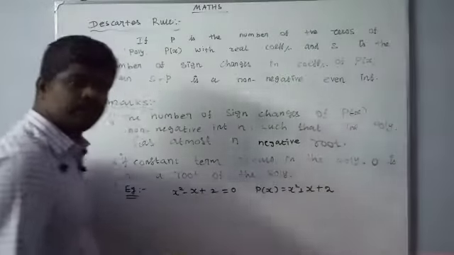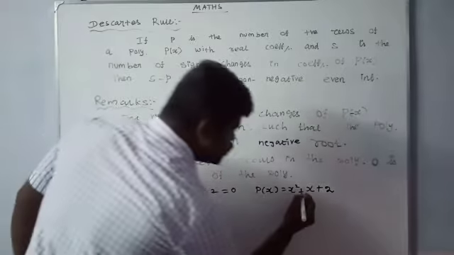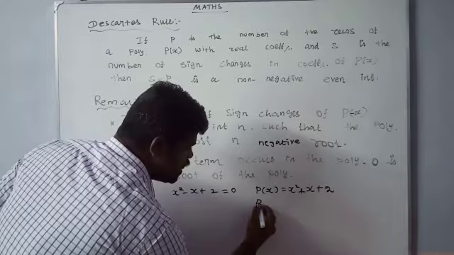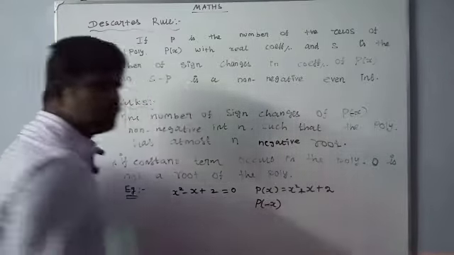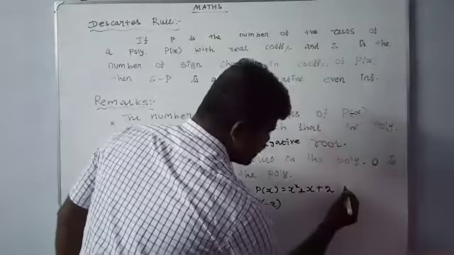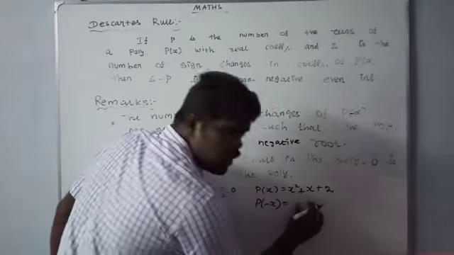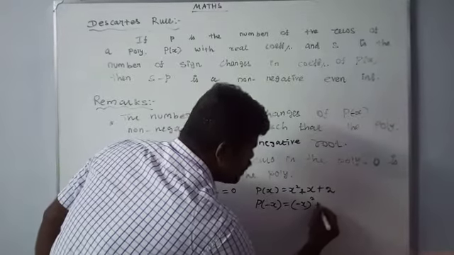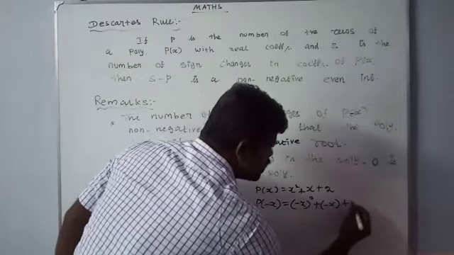And how to find the negative roots? Let us take p of x and replace x by minus x. Minus x means minus x whole squared plus of minus x plus 2.